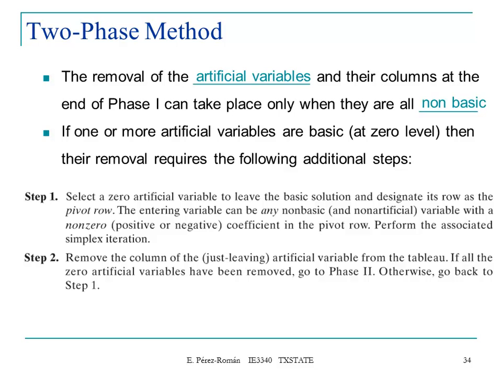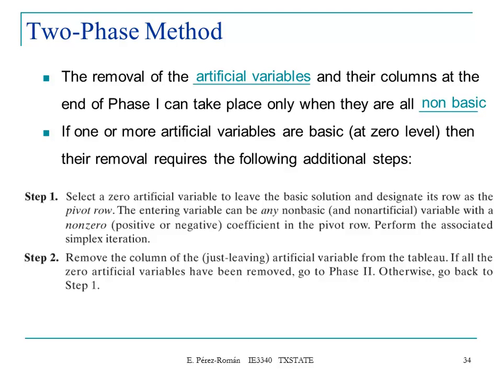Okay, so when you see your optimal tableau for your phase 1, say this is row 0, so when you look at the first column, this is what we saw for our first phase, the optimal tableau for phase 1. These were our basic variables, so none of them were artificial.